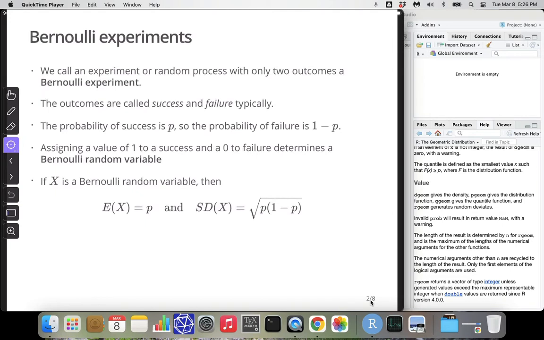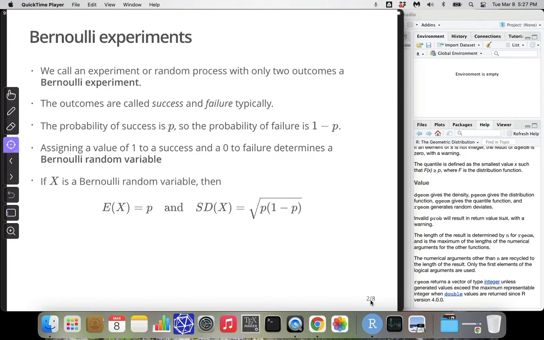So, like before, when we were talking about geometric random variables, we want to discuss Bernoulli experiments, but this time we'll go a little bit more quickly. The reason we're talking about Bernoulli experiments in this section is because, like the geometric random variable, binomial random variables are built off of sequences of Bernoulli experiments. So what is a Bernoulli experiment?